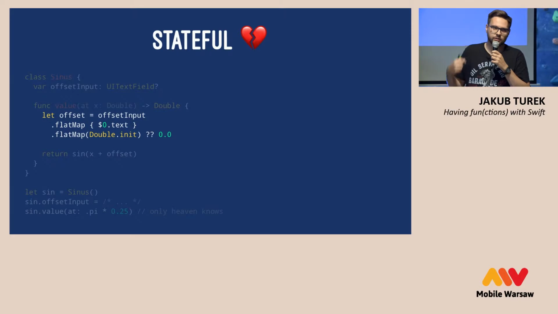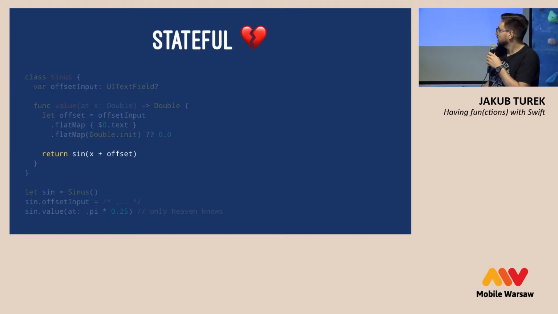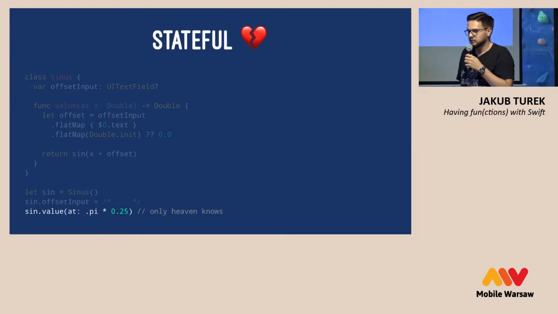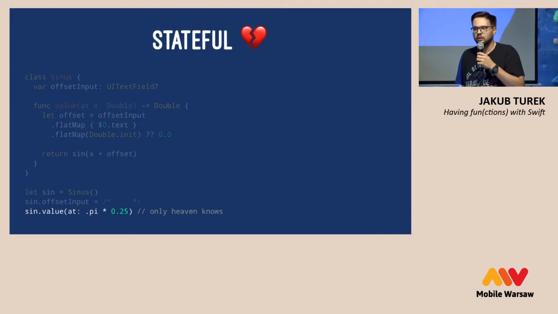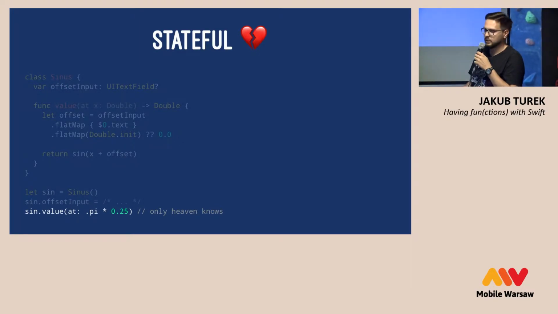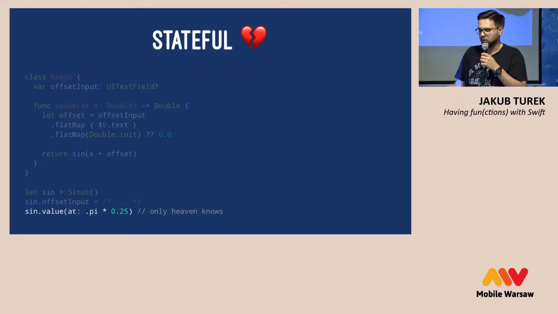Then we take a value from the text field, cast it to double, and use it to compute a value of the sinus function. So now, when we try to debug any problem with our code, we can't really tell what happened because we had that internal state that's really hard to track. We would have to go through all of the application history.